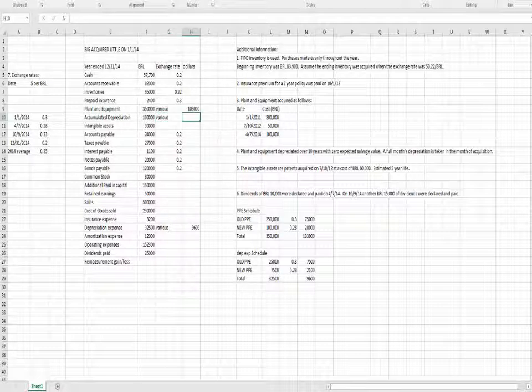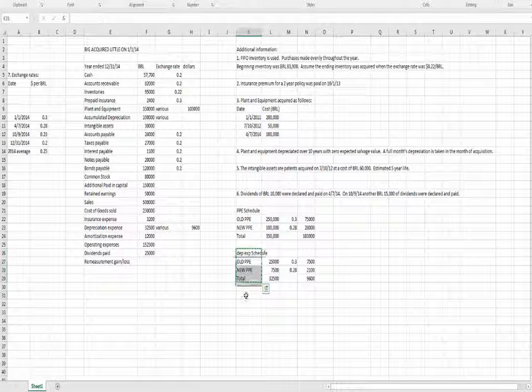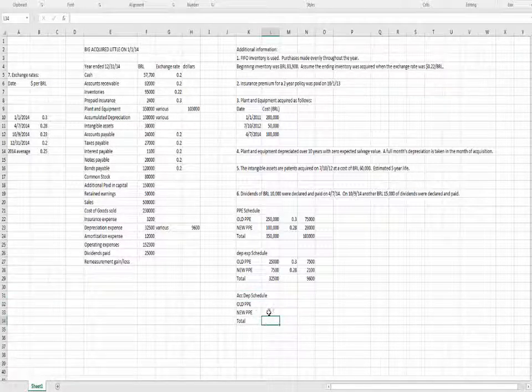And then finally, let's look at the accumulated depreciation. Again, non-financial assets, we're going to convert the non-financial asset and all related accounts at the appropriate historical exchange rate. And so let's finally make up an accumulated depreciation schedule for our assets. And again, same drill as before. We have a total accumulated depreciation of 100,000 Brazilian reals.